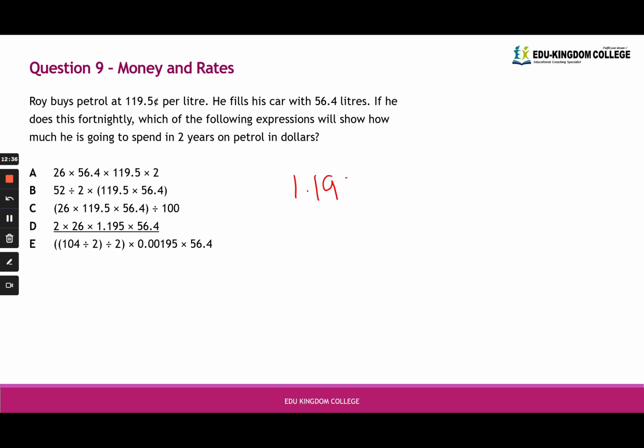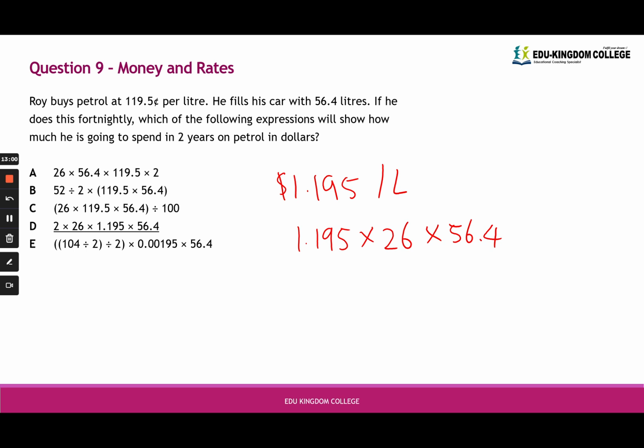It costs $1.195 dollars per liter, okay? Now, he does this every fortnight, okay? So we can just do $1.195, right, times 26, right? Because that's how much it is in fortnights, right? Times by 56.4 liters, right? Because that's how much he puts into his car every fortnight, okay?